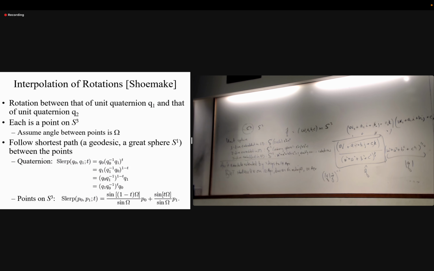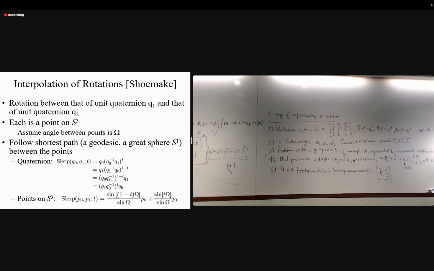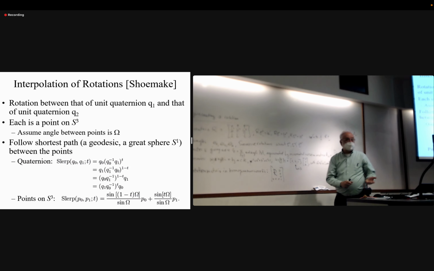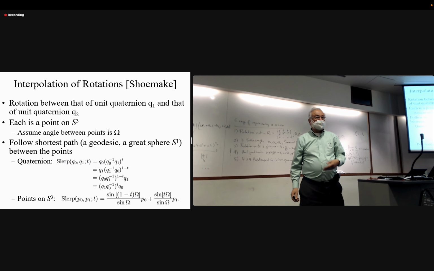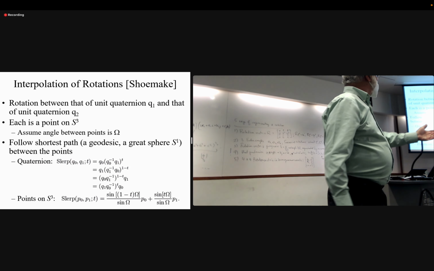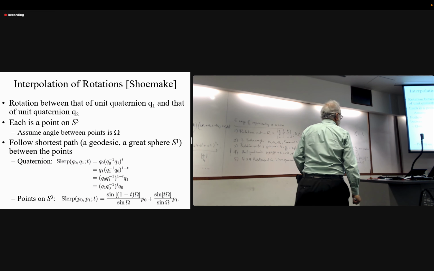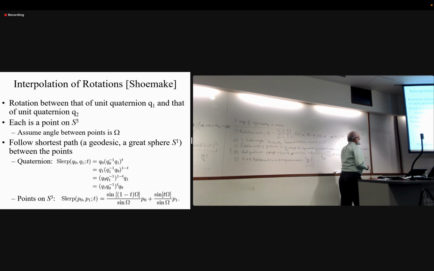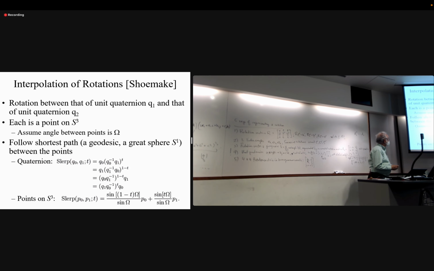That's the formula where q0 inverse q1 to the t power, t goes from 0 to 1, is appropriately defined. And it turns out that it's a linear interpolation on the coefficients of a sine.